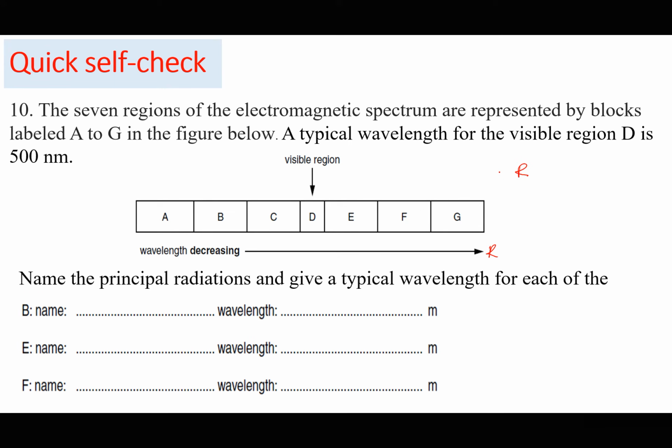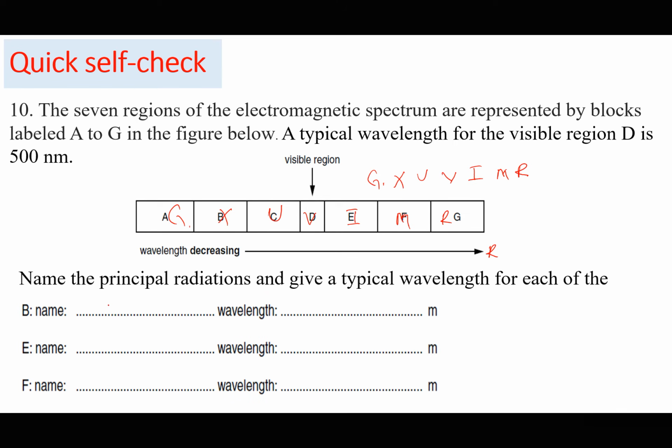So this is radio, micro, infrared, visible, ultraviolet, X-rays, gamma rays.